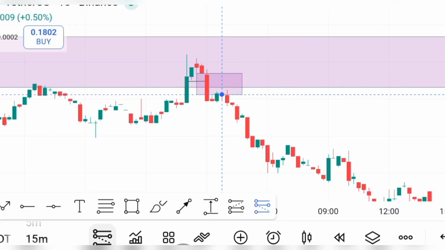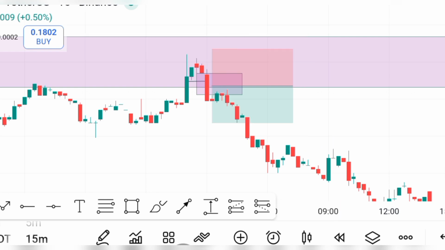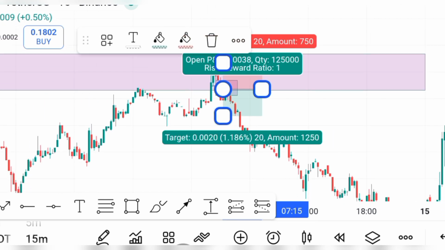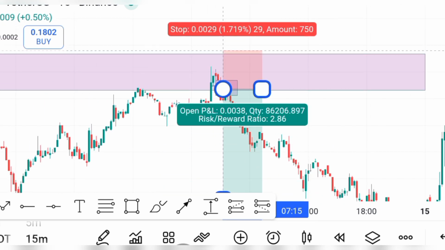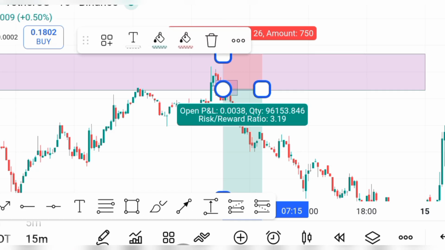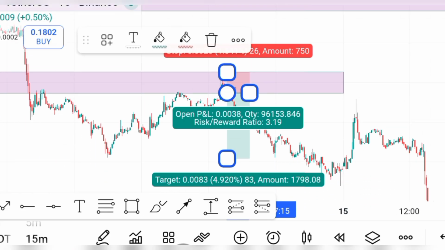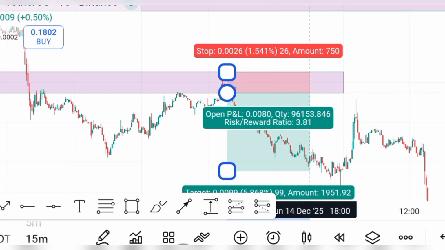So that's why you would enter on the retest of the fair value gap on the lower time frame. Always, our stop loss is above there, and the TP is according to your risk to reward.